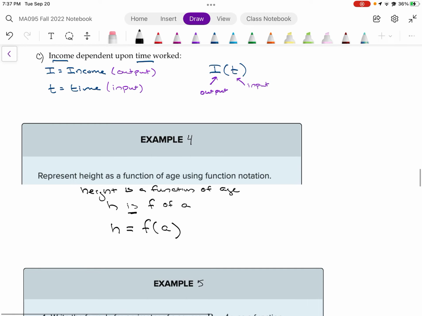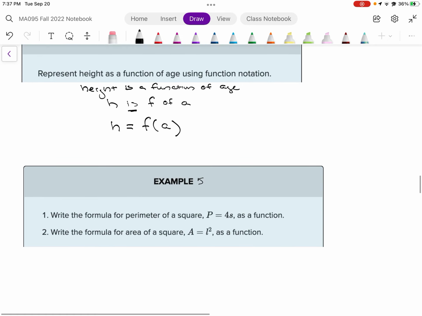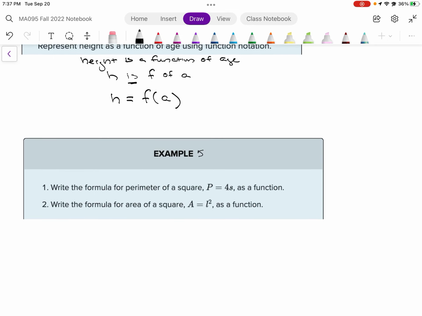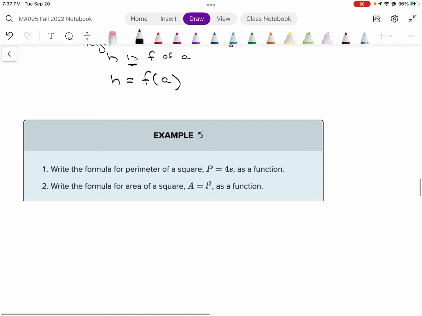All right, try the next one. Write a formula for perimeter of a square as a function. So all we do with these, because we were already given the equation, so let's do number one. P equals 4s. So perimeter equals 4 times the length of the side of a square. That's what that means. But when we start using function notation, we're going to say perimeter depends on s.